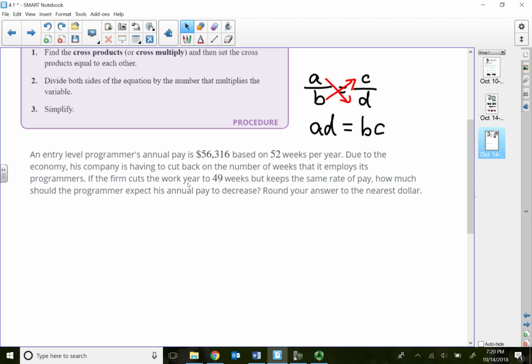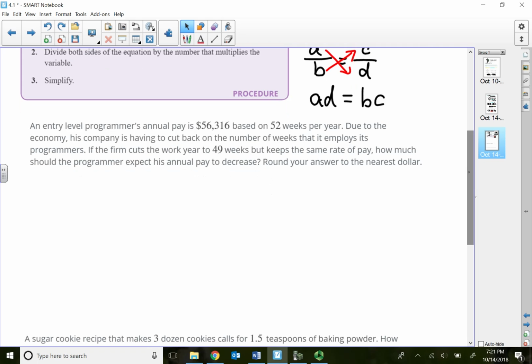If the firm cuts the work year to 49 weeks but keeps the same rate of pay, how much should the programmer expect his annual pay to decrease? The same rate of pay means they pay the same amount per week, but we're cutting back from 52 to 49 weeks, so he loses about 3 weeks of work in a year.